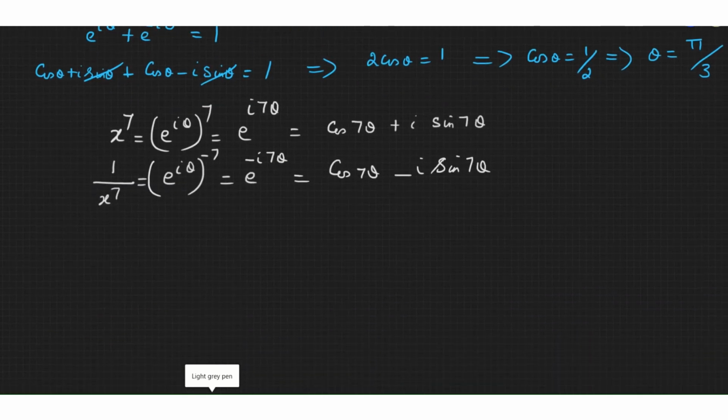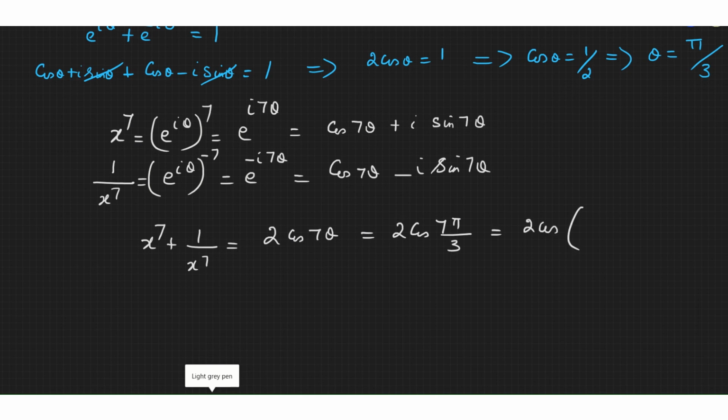So adding these two together, you get x to the 7th plus 1 by x to the 7th will be 2 cosine 7 theta, and 2 cosine 7 theta is the same as 2 cosine 7 pi by 3, or it is 2 cosine 2 pi plus pi by 3, because 7 pi by 3 is 2 pi plus pi by 3, which is the same as 2 cosine pi by 3, and 2 cosine pi by 3 is 2 times half, which is 1.